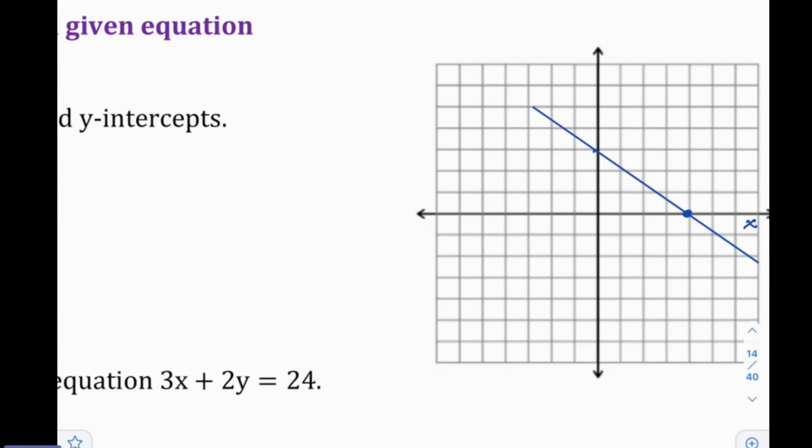So this is called the x-intercept. The x-intercept here, in this case, is 3. And usually for the x-intercept, y is 0. That's why this point is (3, 0).